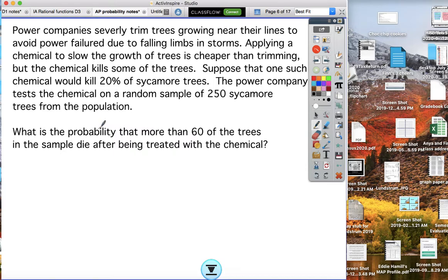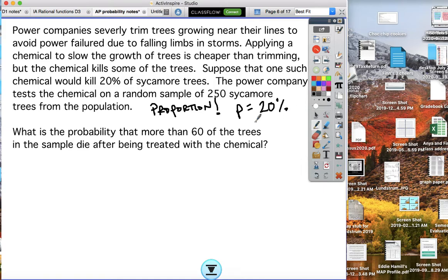Applying a chemical to slow the growth of trees is cheaper than trimming, but kills some of the trees. Suppose that one such chemical would kill 20% of sycamore trees. That is a proportion. Okay, and that is a population proportion.